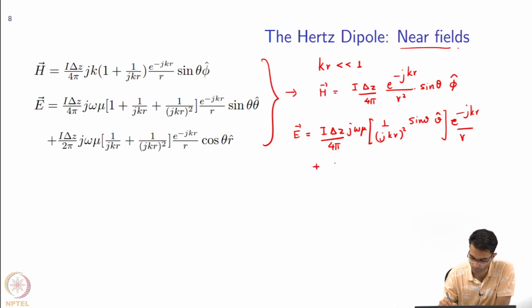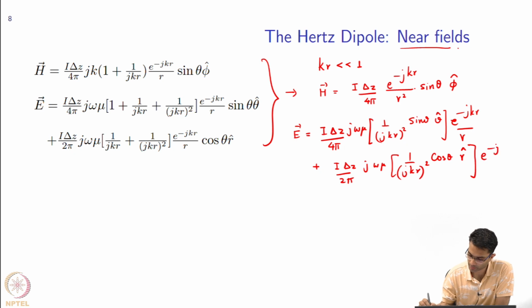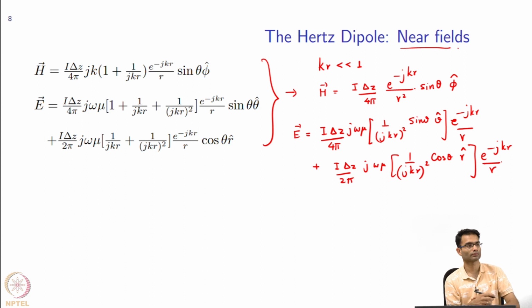And one more term is there, this is new. I have j omega mu, then 1 by j k r whole squared, cos theta along the r hat direction, and e to the minus j k r by r, okay.